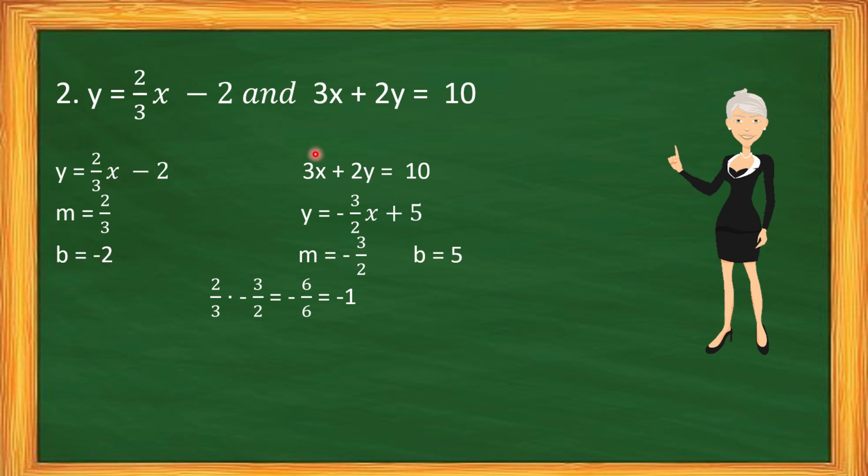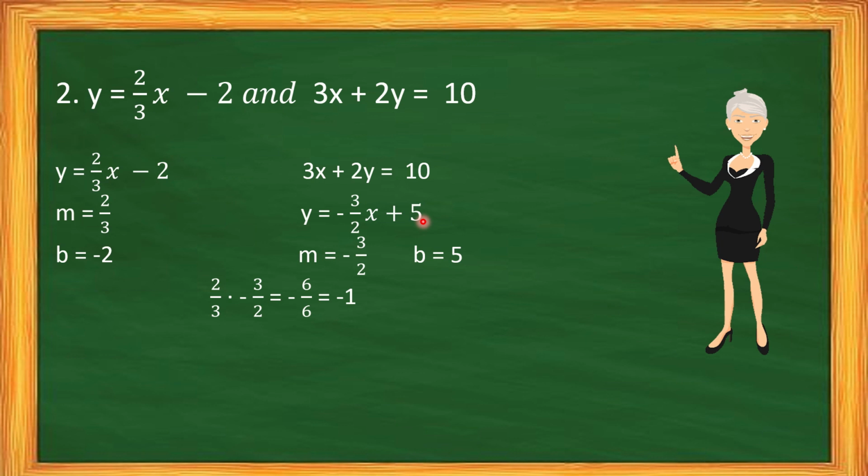For the second equation, okay, so lilipat natin yung 3x kaya magiging negative 3x, then may kasama yung 2, so i-divide natin by 2, then 10 also divided by 2, so magiging 5. So ang ating slope is negative 3 over 2. Ang ating y-intercept is positive 5.